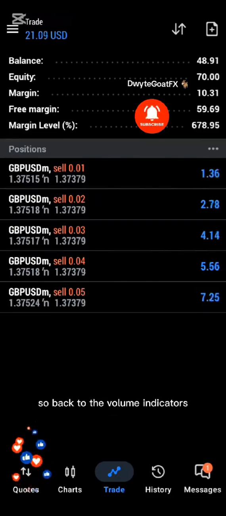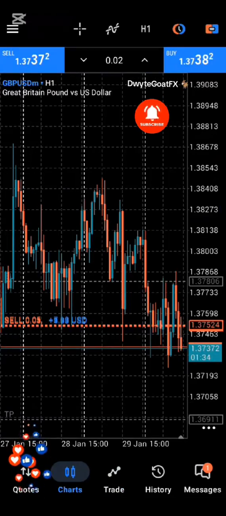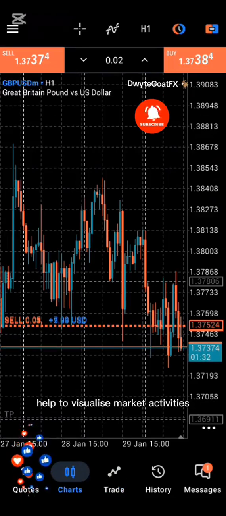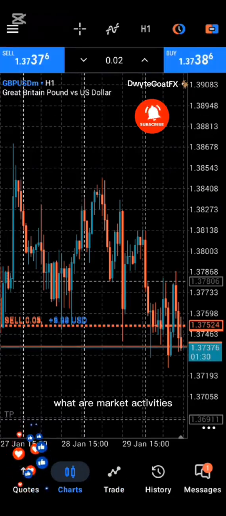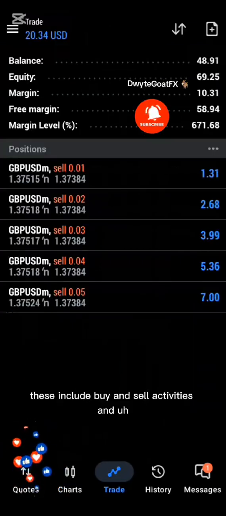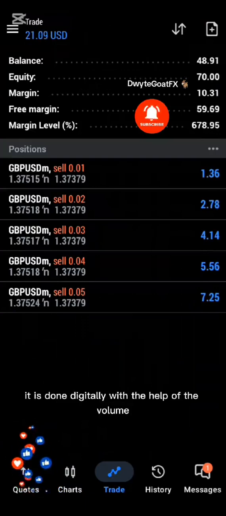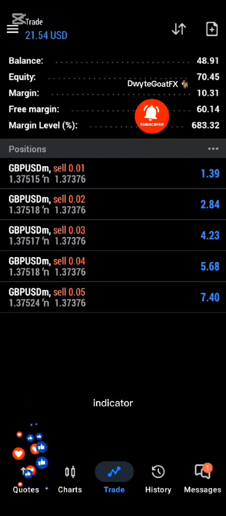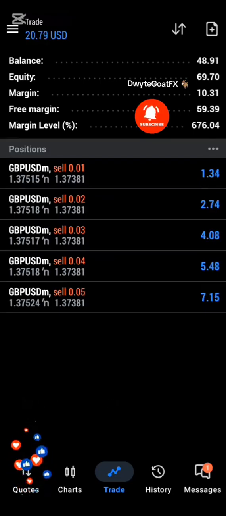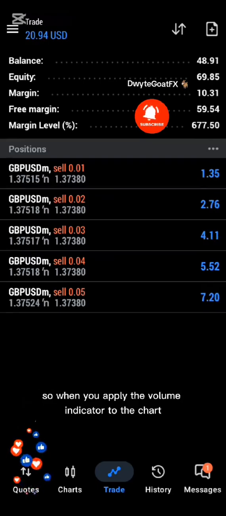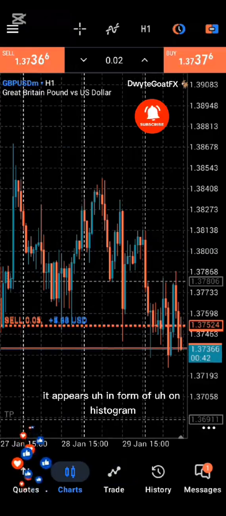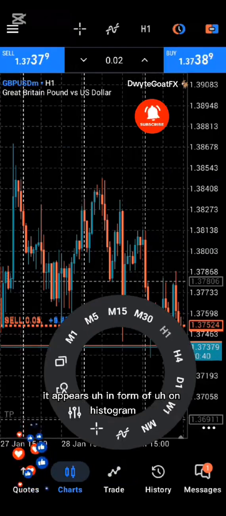So back to the volume indicators. They help to visualize market activities. What are market activities? These include buy and sell activities, and it is done digitally with the help of the volume indicator. When you apply the volume indicator to the chart, it appears in the form of a histogram.